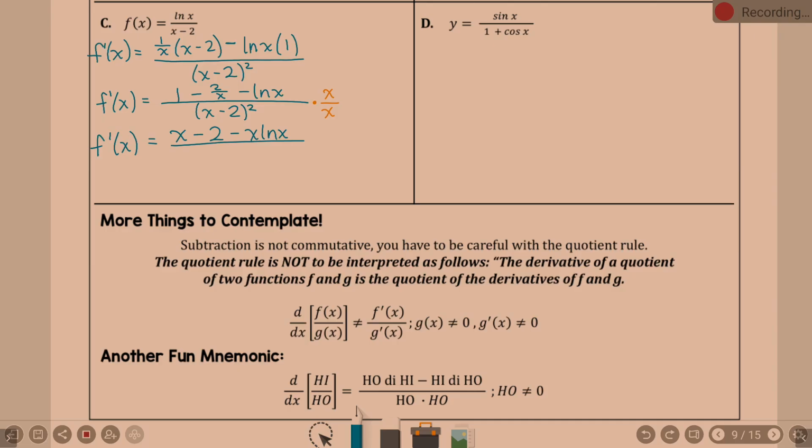It's x ln x. Over x minus 2 quantity squared. So that's an easy way to get rid of fractions within fractions, right? x minus 2 minus x ln x over x minus 2 squared.